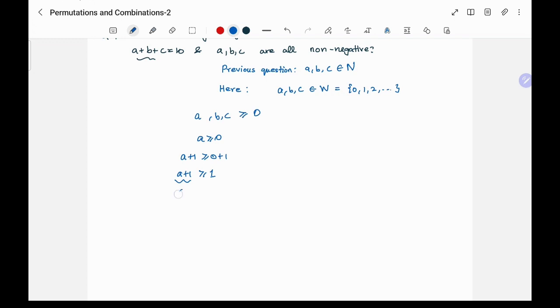I will assign some capital A to this: capital A is equal to A plus 1. Then capital A is greater than or equal to 1. Similarly, capital B is B plus 1 and capital C is small c plus 1. Then capital A, capital B, capital C are greater than or equal to 1, correct? So capital A, B, C are natural numbers.